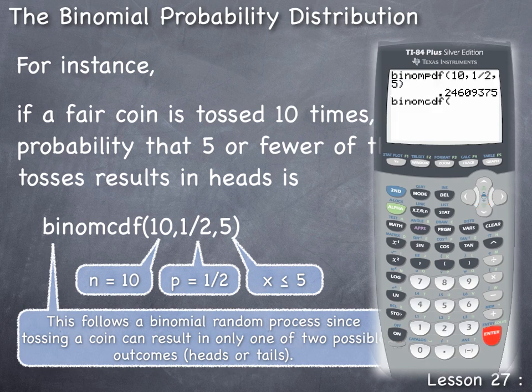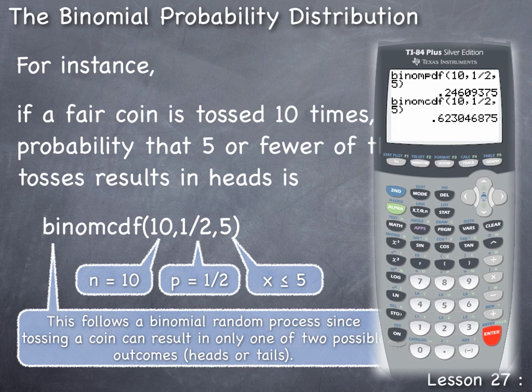And the first number we enter is n, which is 10, comma, the second number is p, 1/2, or 1 divided by 2, comma, and the third number is the x, which is 5. Close parenthesis, enter, and here's our probability answer.